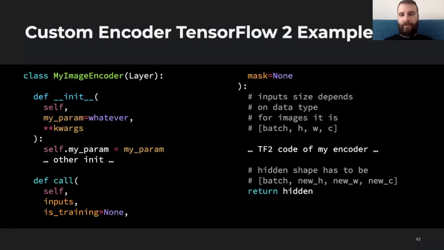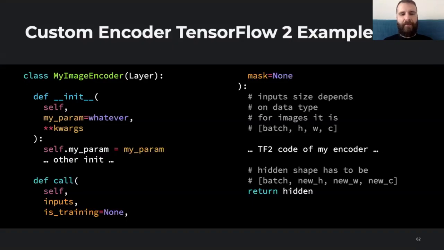Also, I was telling you about the extensibility of Ludwig, and this is an example of how extensible it is. This shows how to add a new custom encoder for, actually this is for images, not for text, but for text it is basically exactly the same thing. Assuming that you are a researcher and you created a new layer or a new encoder for a specific data type, what you can do is you can create a class that extends the TensorFlow 2 layer class.